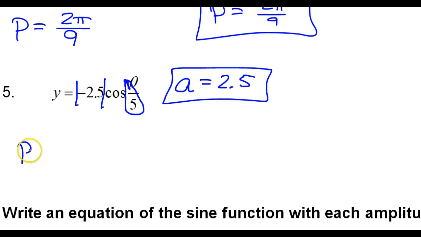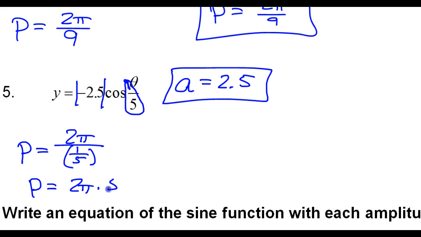So the period is going to be 2 pi divided by 1/5. That's why the period is going to be 2 pi times 5. I'm multiplying by the reciprocal. So the period is going to be 10 pi.